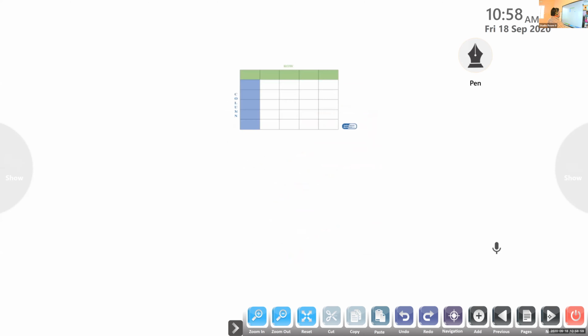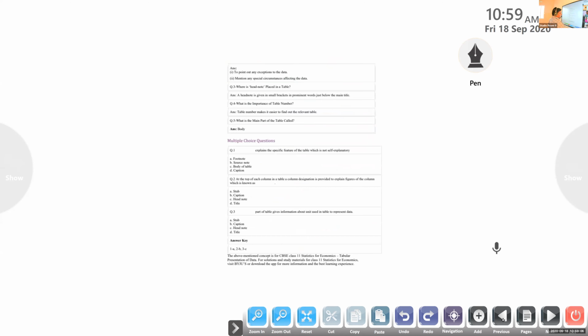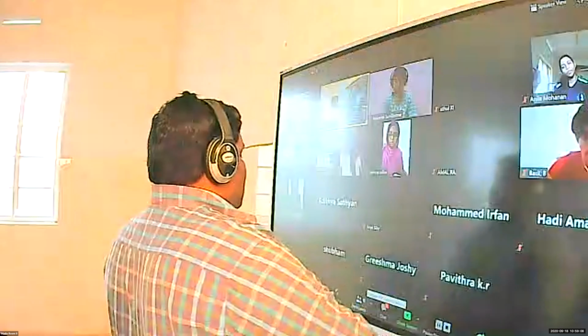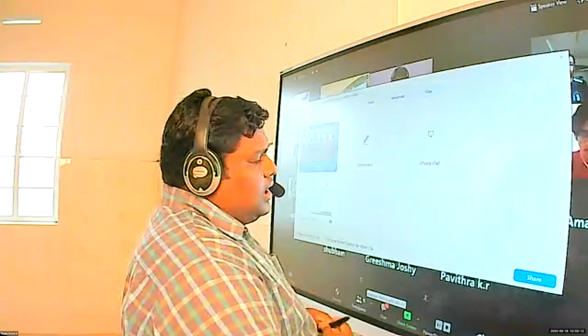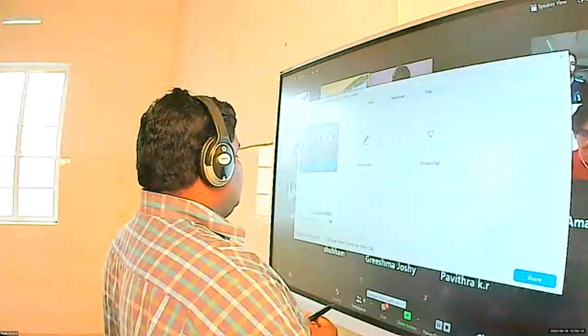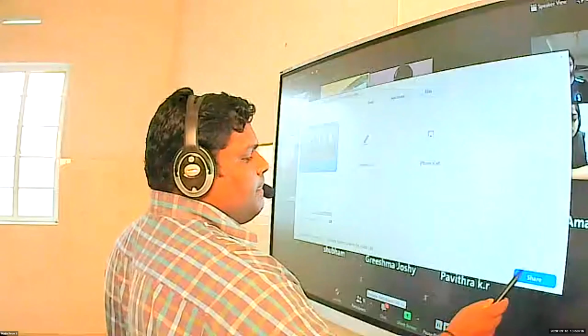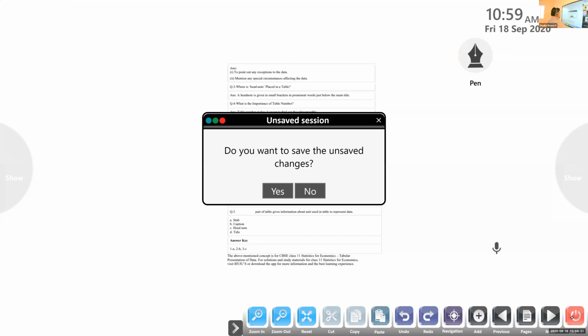You know that in a table the vertical ones are the columns and the horizontal ones are rows. Next we are moving to another method to present the data. What is that other method?